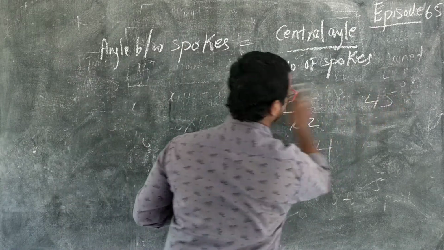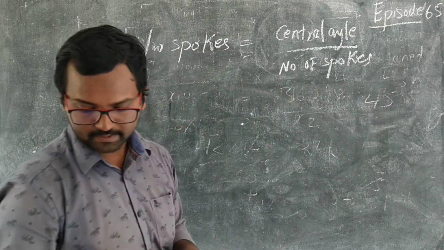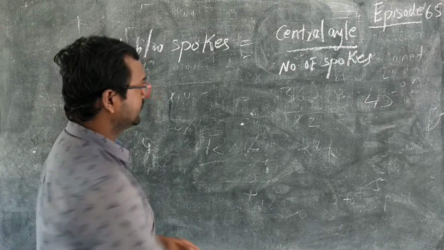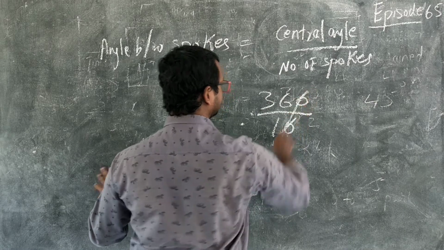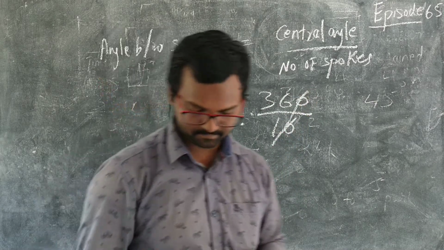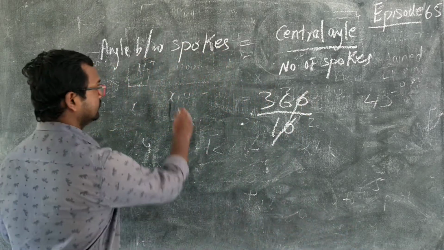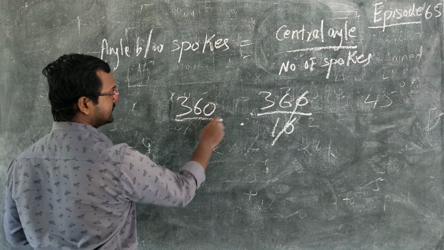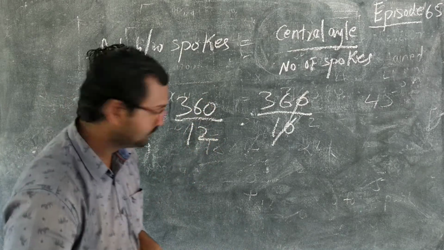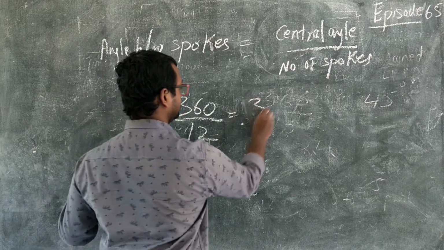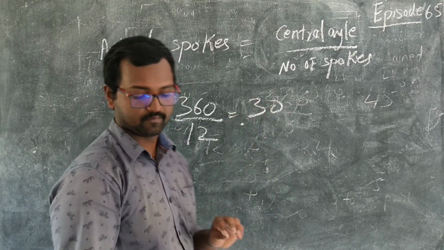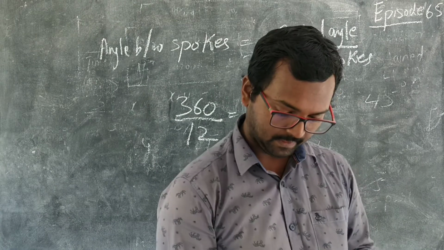Now for 10 spokes, it is 360 by 10, 36 degrees. For 12 it is 360 by 12, 12 threes are 36, so 30 degrees. For 12 spokes it is 30 degrees.